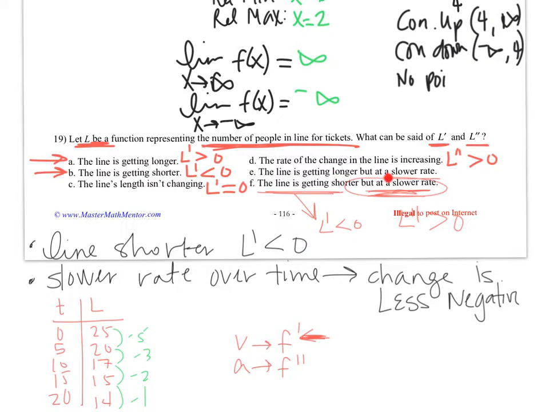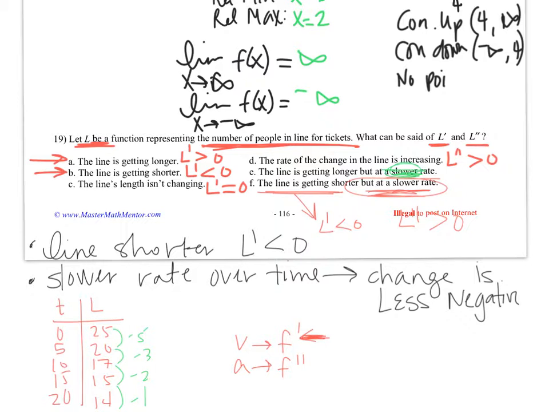Same thing here: the line is getting longer, so our first derivative is positive, but at a slower rate, so our second derivative was negative because they had to be opposite signs since it was slowing it down. And that slowing down process is when the second derivative is the opposite sign of the first derivative.